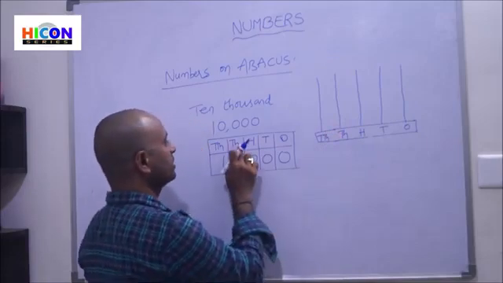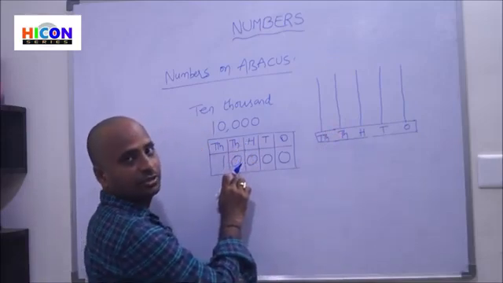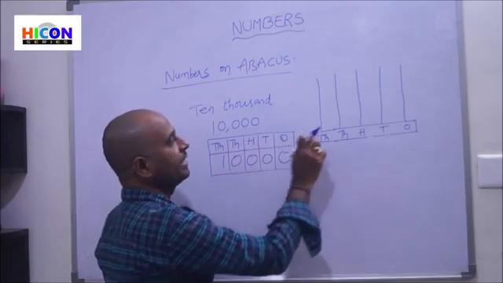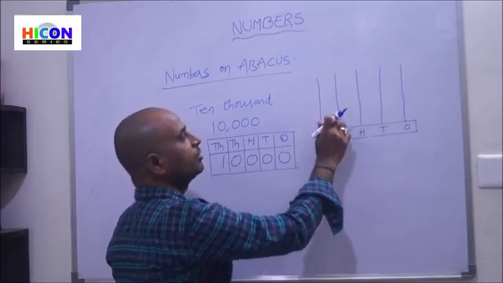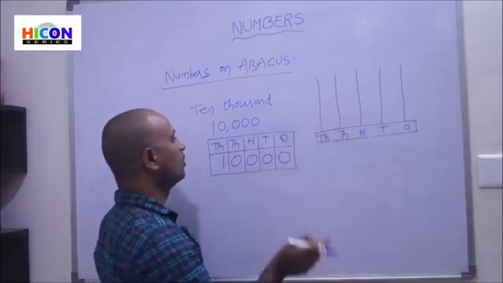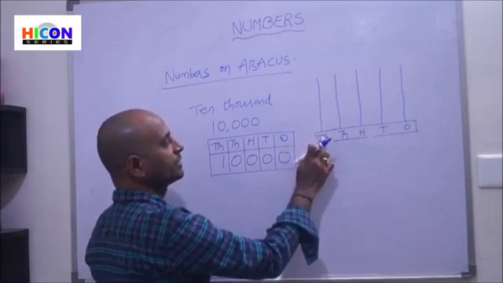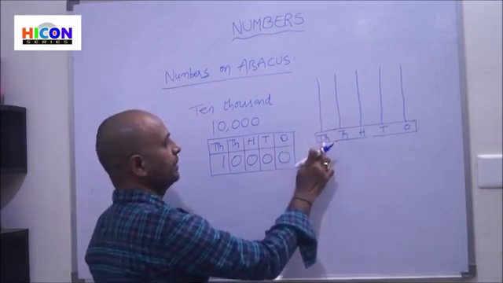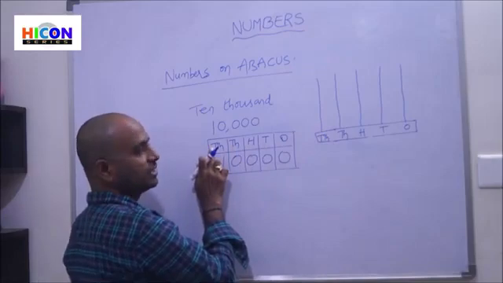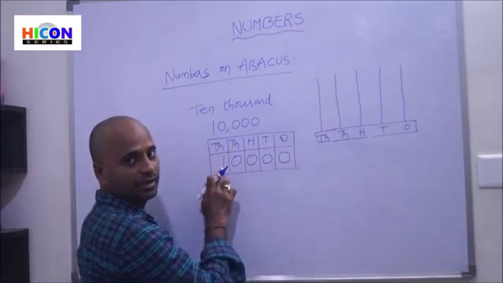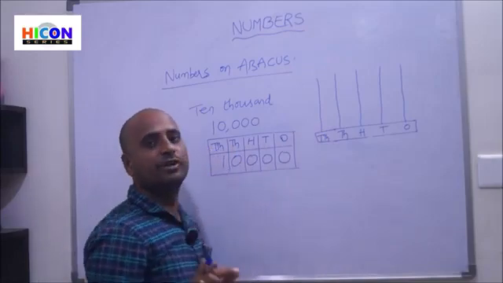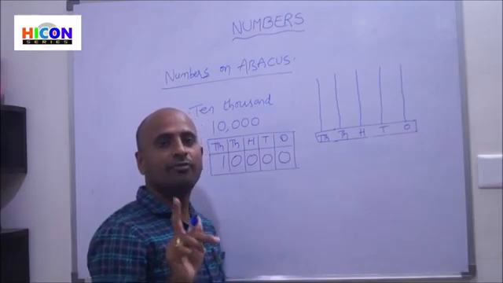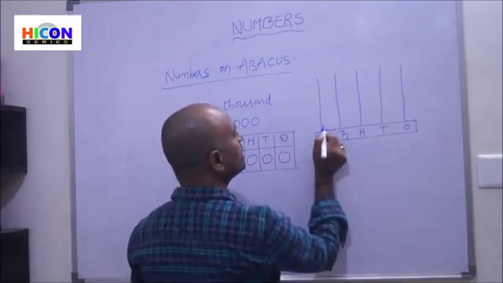In thousands place the digit is 0, so we should not place any beads on the thousands stick. Now go to the fifth stick. The fifth stick represents 10,000s place. Here in 10,000s place the digit is 1. So that's why we should take one bead on 10,000s place.